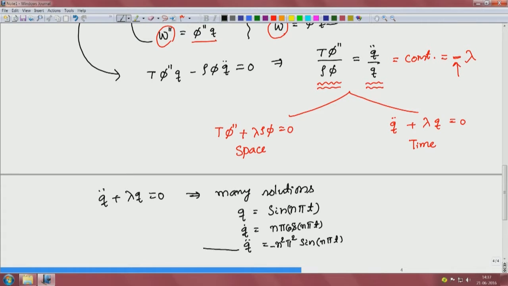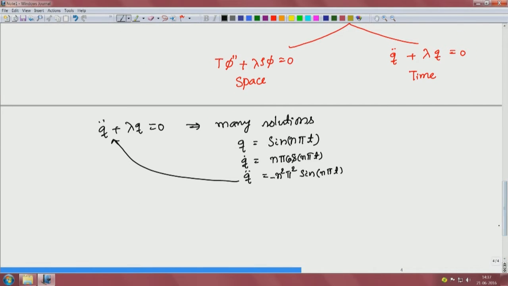Now, if you substitute this back there, q double dot, minus n square pi square sine n pi t, plus lambda, what is q? Sine n pi t, that is equal to 0. Then you find that this lambda is equal to n square pi square, that is when it will be 0.